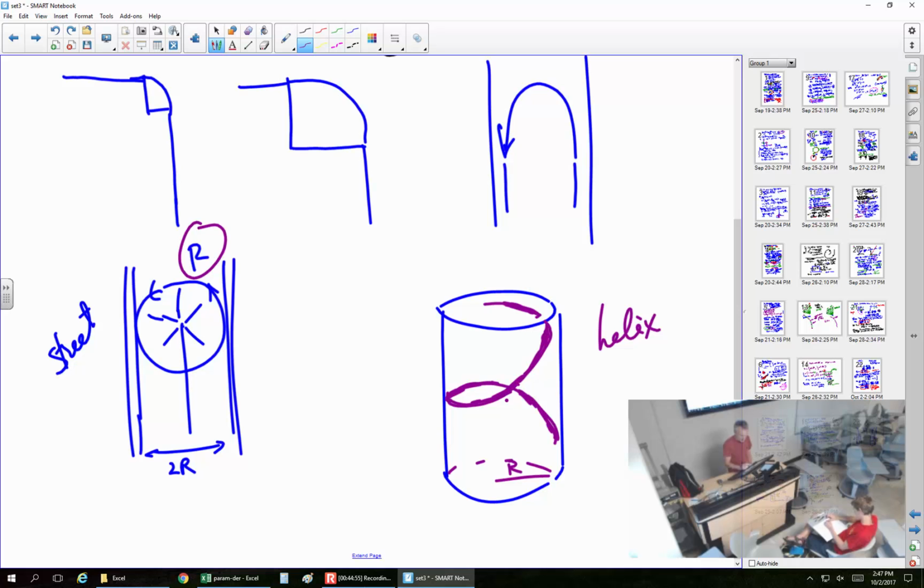So the question is, is it larger, the same, or smaller? I would say it's smaller, right?